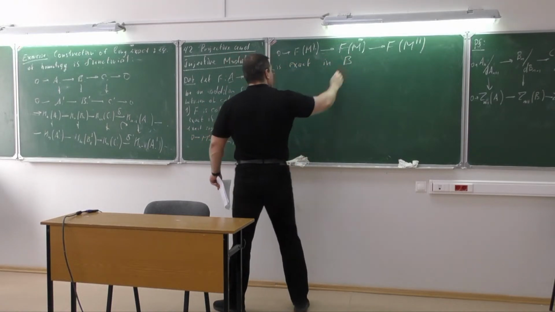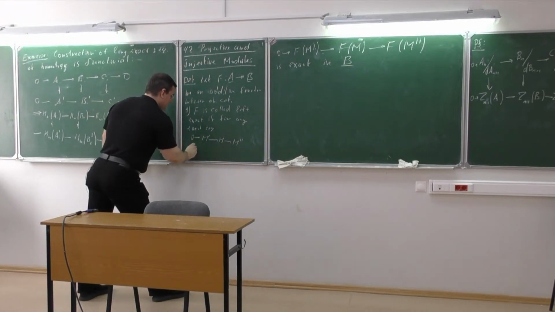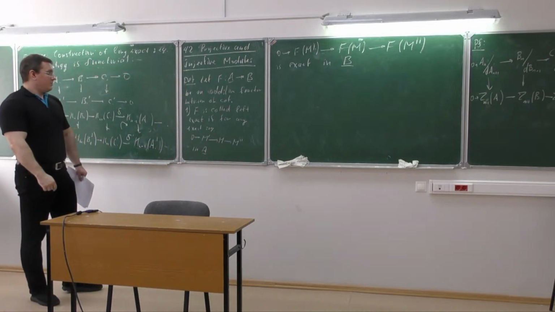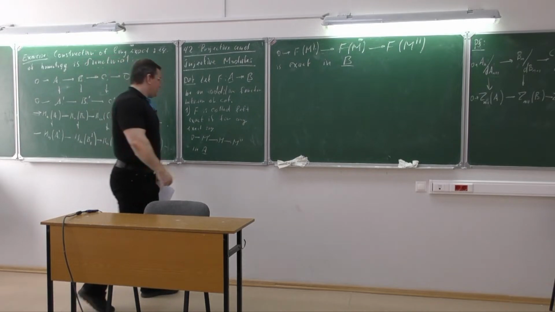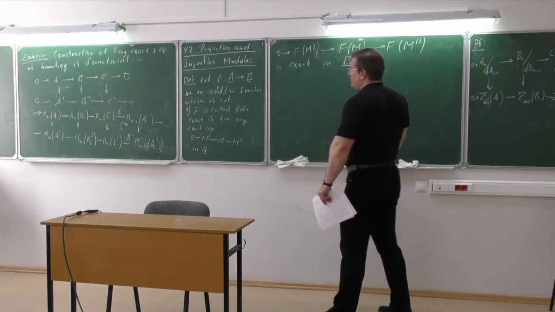Of course, this first exact sequence is a sequence in the category A, but the last exact sequence is in the category B. So I think this is quite an elementary notion of a left exact functor. We just preserve exactness on the left.